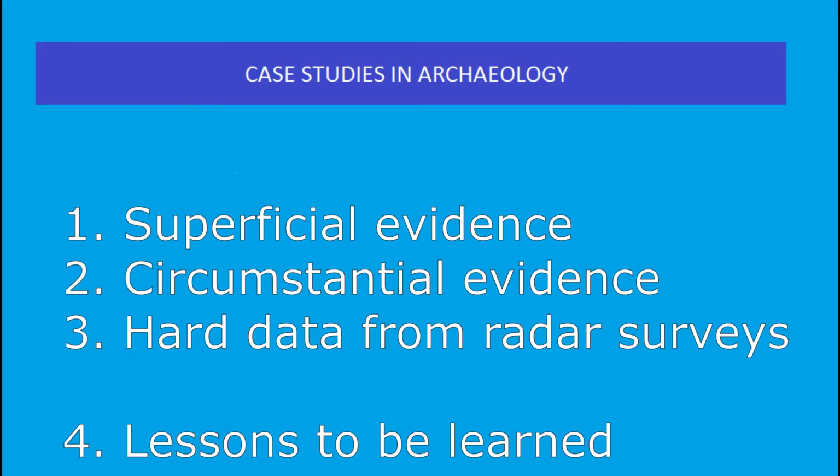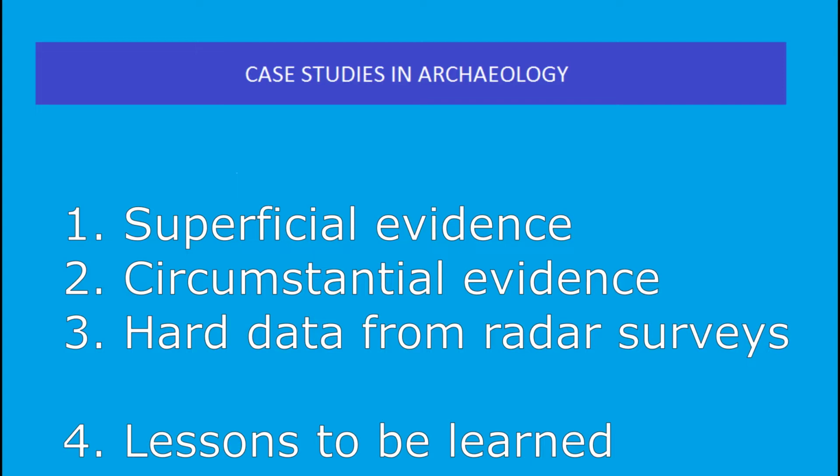To present the data, I have organised the evidence that was gathered into 3 classes of evidence, and I'm going to look at them consecutively. The first one is superficial evidence, and that's the superficial evidence from the walls of the tomb. The second one is circumstantial evidence, and that's information that Reeves derived from the artistic programme on the walls and also from the architectural layout of the existing tomb.